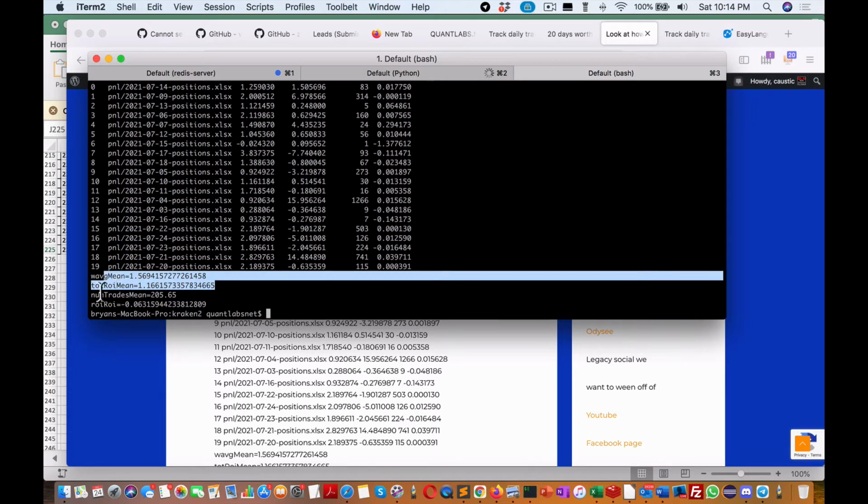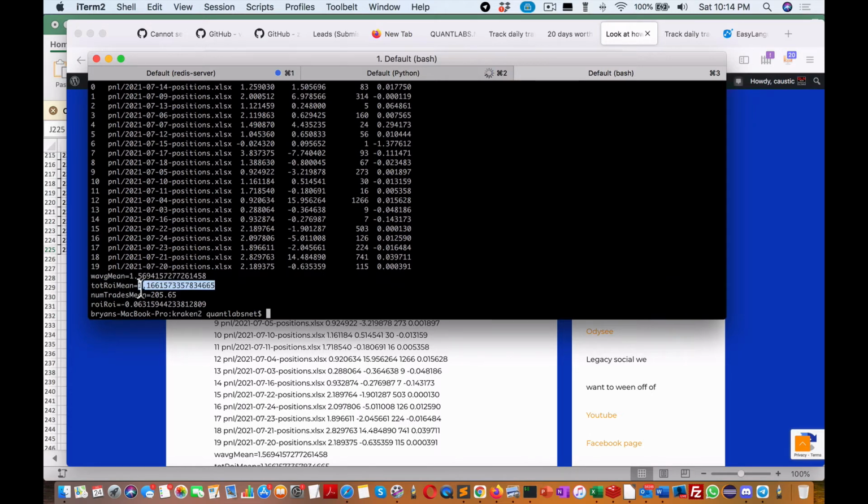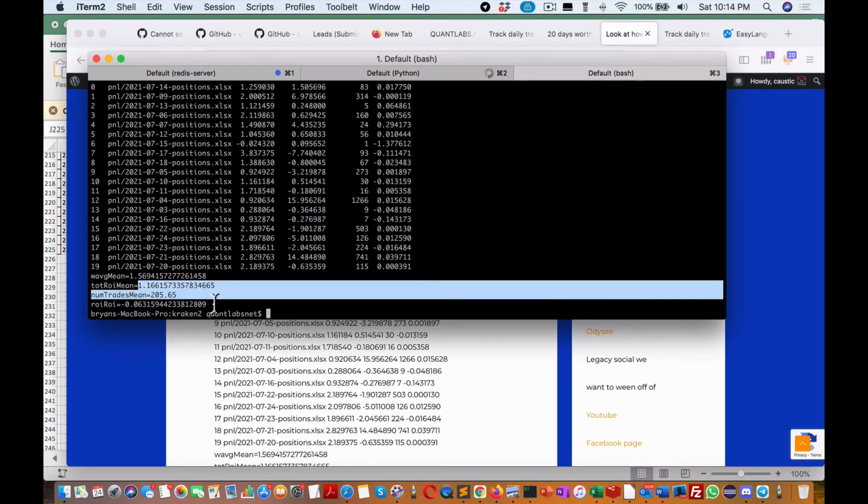Then on top of that, we're able to calculate the total mean of the daily total running ROI. So it's this 1.16.